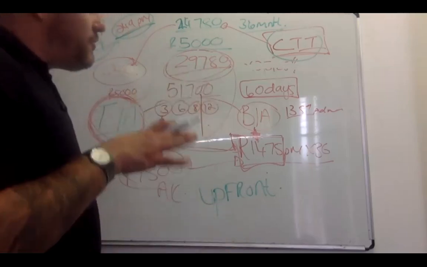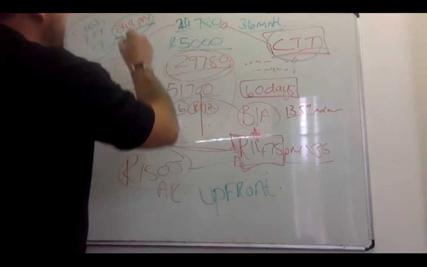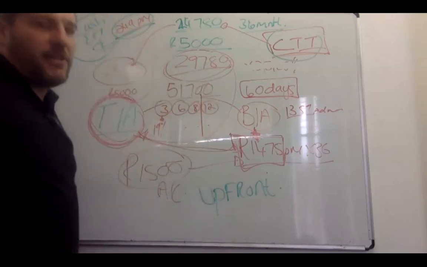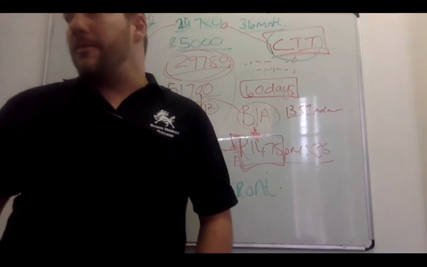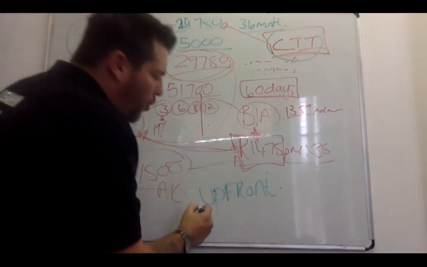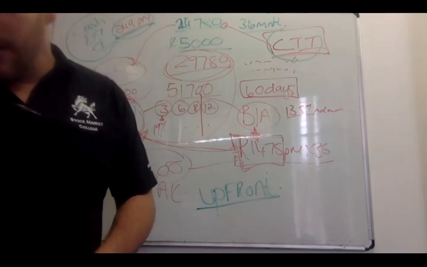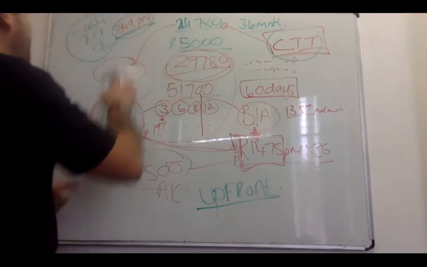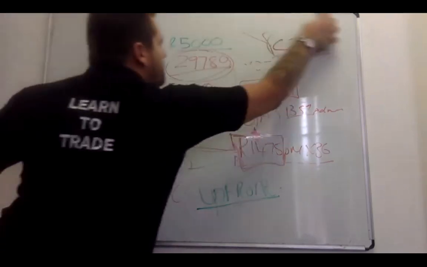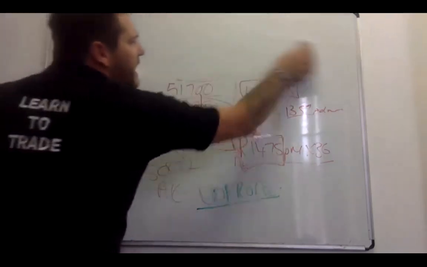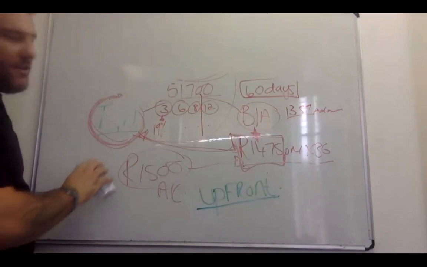If you always stay a client, you will just need to reactivate the 249 Rand per month. So this is what we call an upfront deal. Everybody understands that? We're all good on that so far.